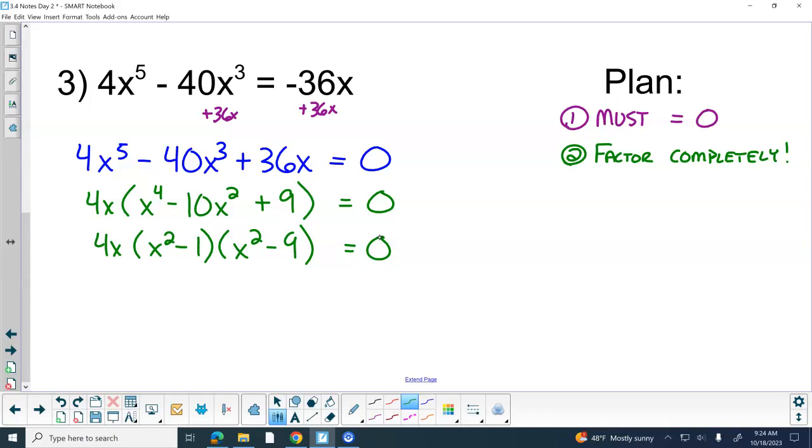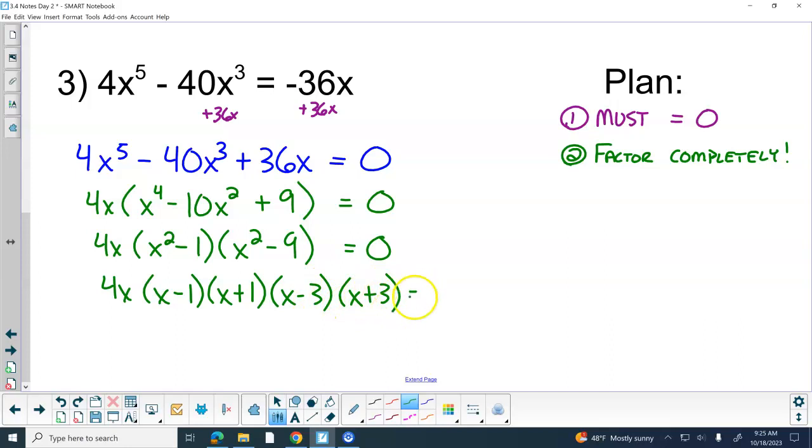So then this would become 4x, x minus 1, x plus 1, x minus 3, x plus 3. Can I do any more factoring? No, we factored completely. We factored all the way down.